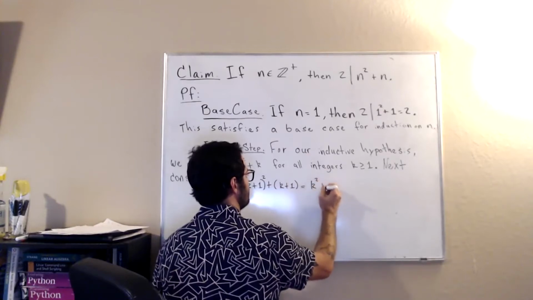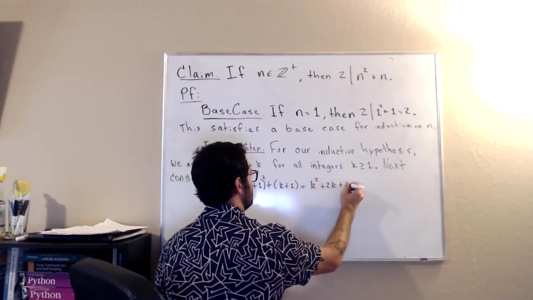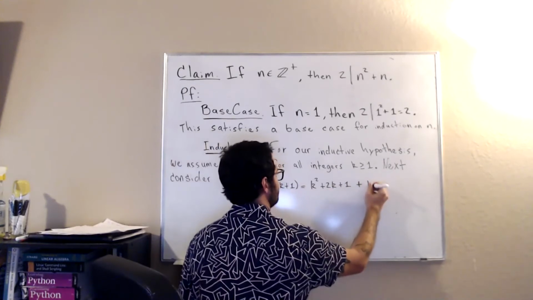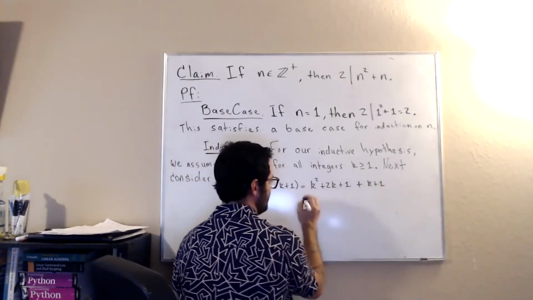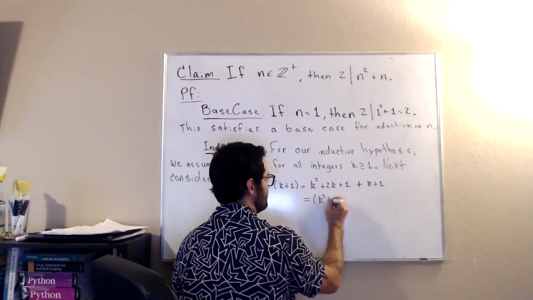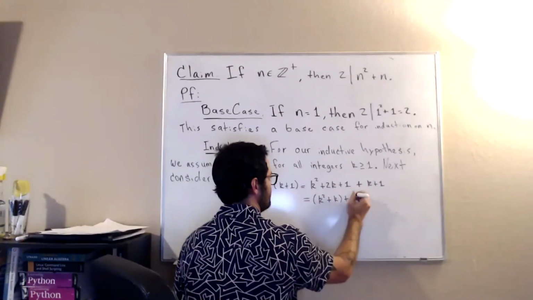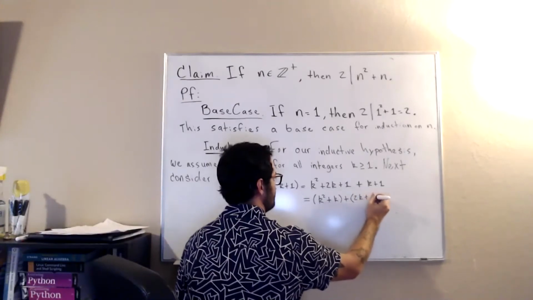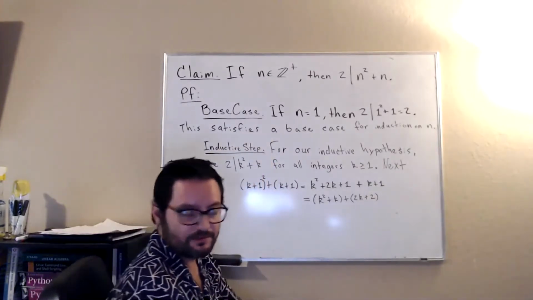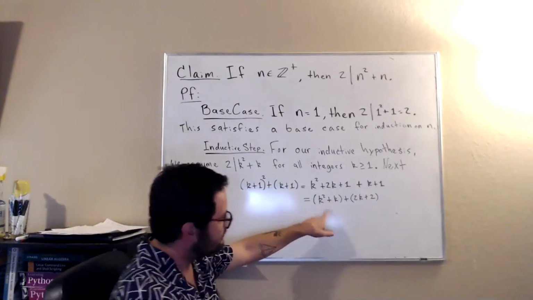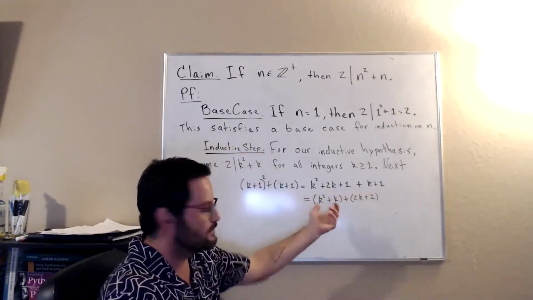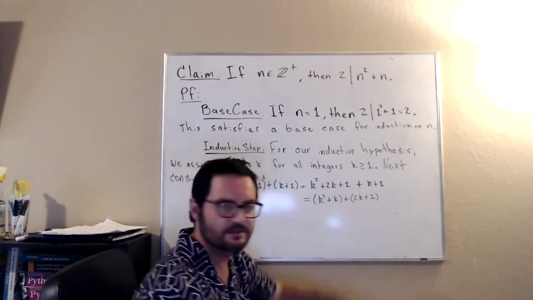This is equal to k squared plus 2k plus 1 from this piece here plus k plus 1. And then in the next step, I group them together like this. For example, I didn't put 2k with k. Technically, there's 3 k's there, but I grouped them together like this. Can anyone tell me why?